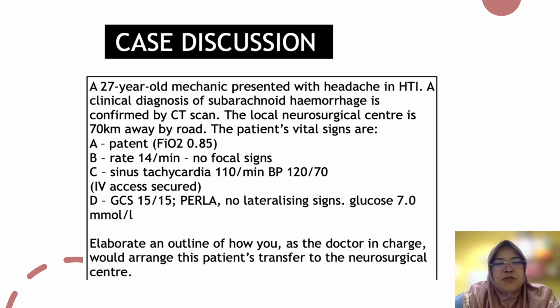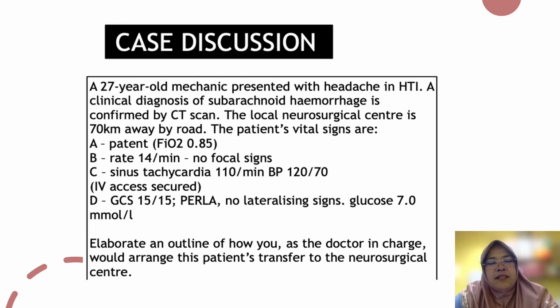So now we go for the case discussion. This case is from Hospital Treatment. A 27-year-old mechanic presented with headache. A clinical diagnosis of subarachnoid hemorrhage is confirmed by CT scan. The local neurological center is about 70 km away by road. The patient's vital signs: airway is patent with FiO2 of 85%, and breathing rate of 14 per minute with no focal sign.